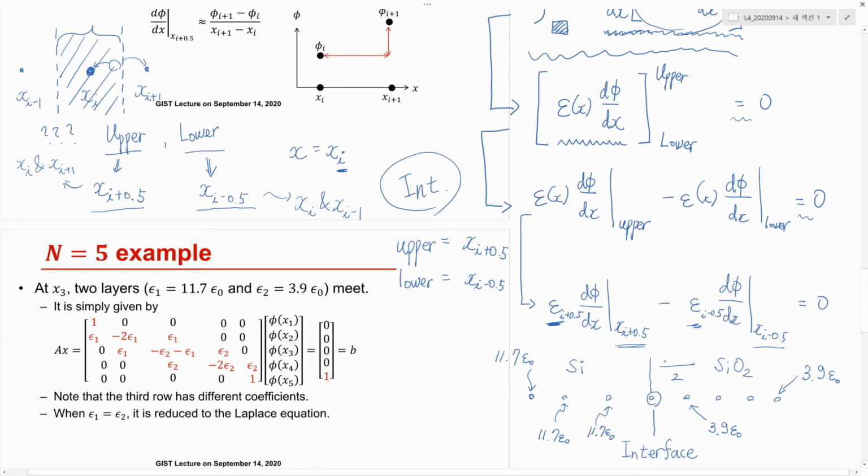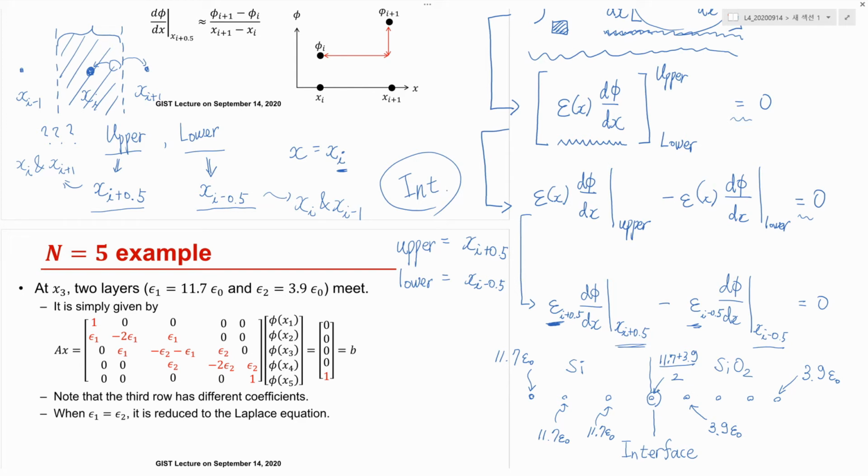So, the average of 11.7 plus 3.9? We have no idea about the exact value at this position, because this position belongs to silicon and silicon dioxide at the same time.